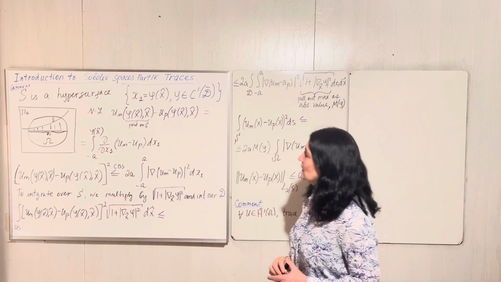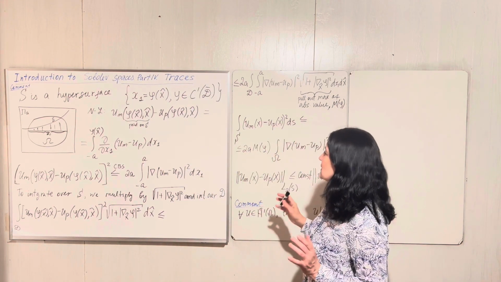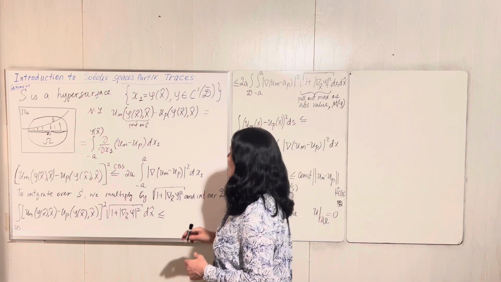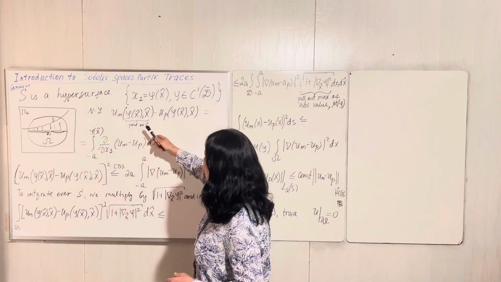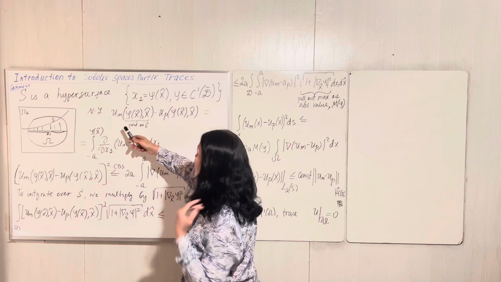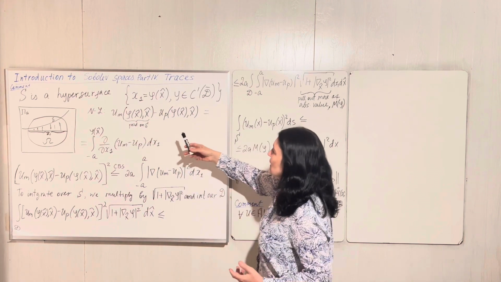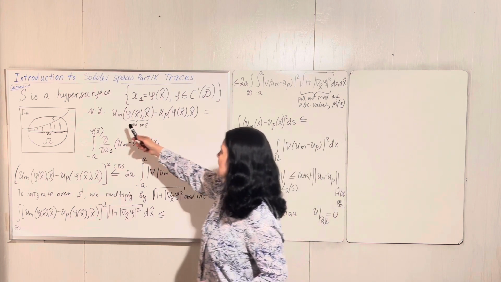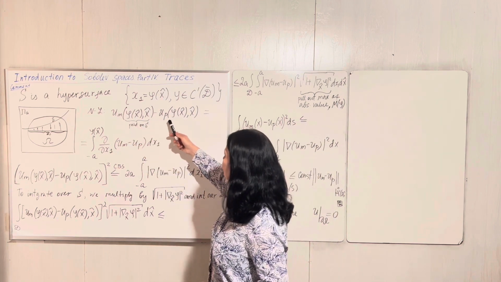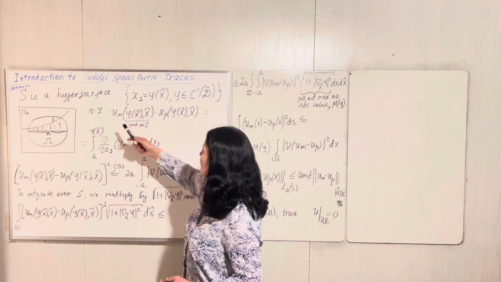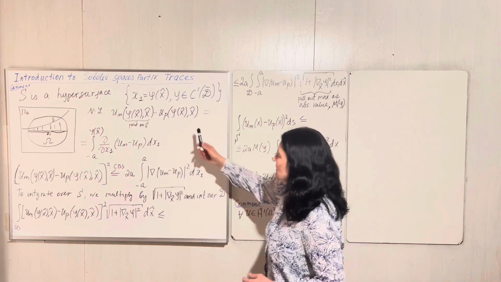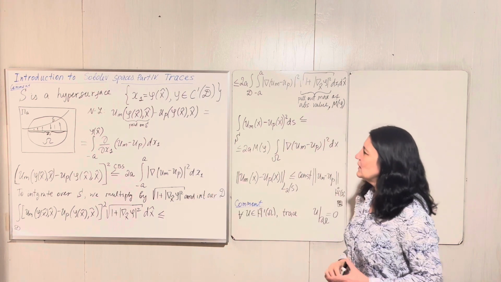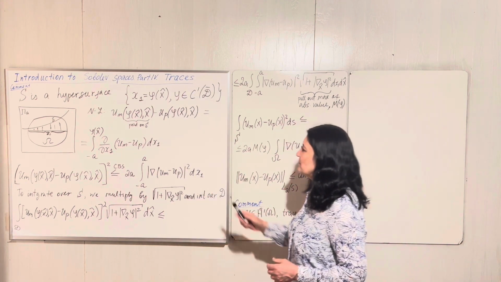And as in Theorem 1, we can consider a sequence of functions in C0 infinity, and we can take two elements of this sequence and write a fundamental theorem of calculus using Leibniz formula.